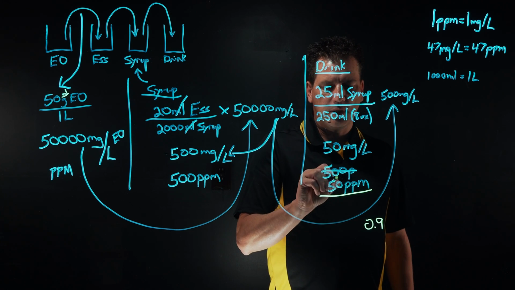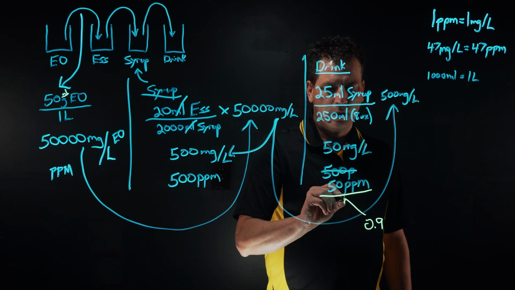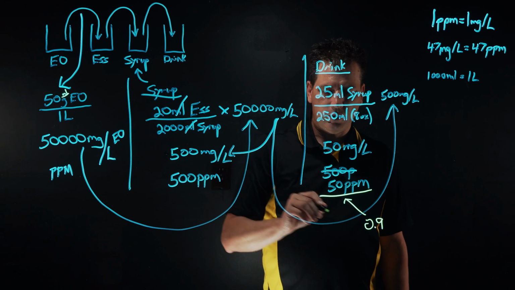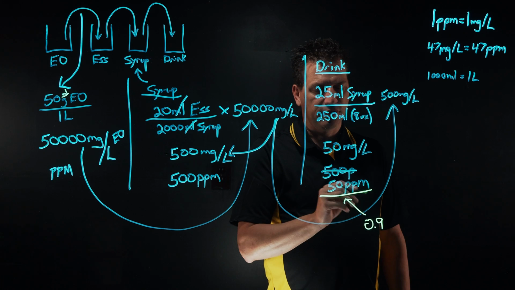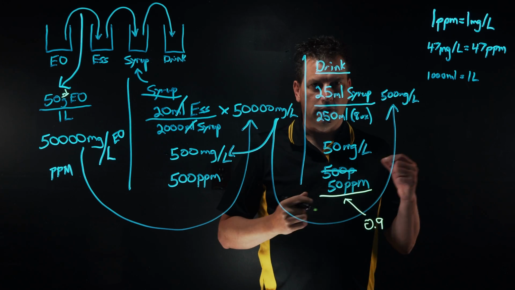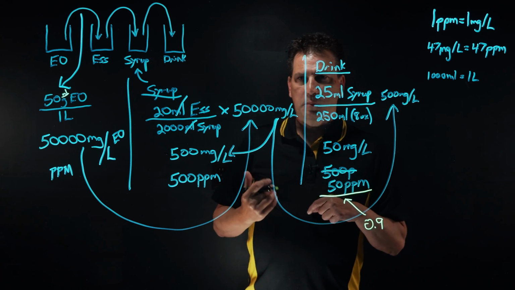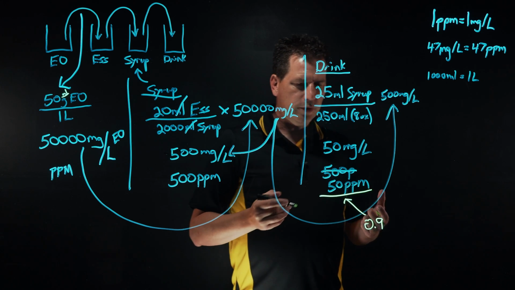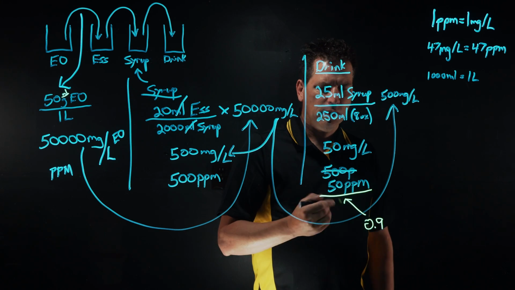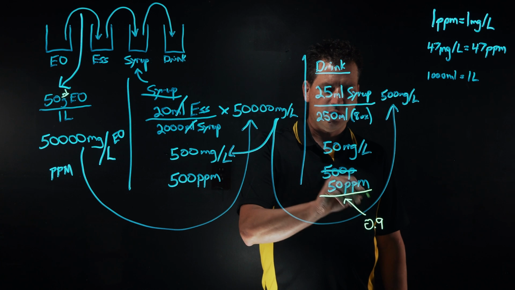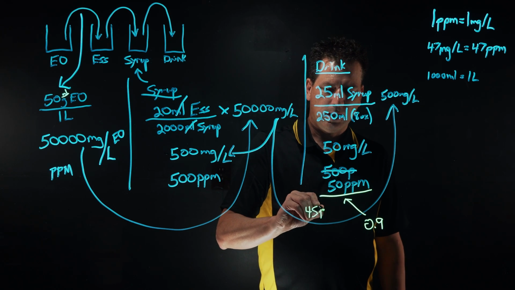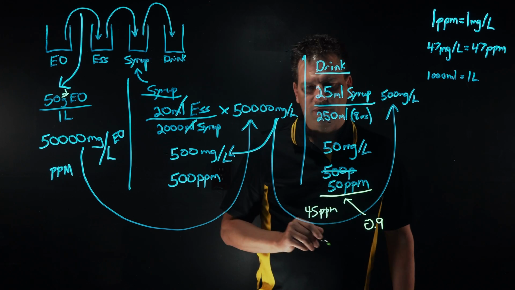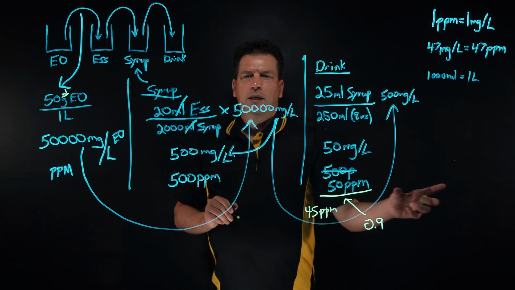You just multiply this number, if this started off in mils, by this number, and you can get the individual density for each oil, like orange oil. Very few of them are heavier than water. Wintergreen is, cinnamon can be, but most of them are around 0.9. So you'd multiply that by that and you get 45 ppm. Again, the form will do that for you if you don't understand that part.